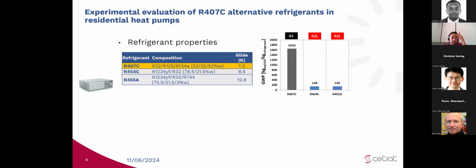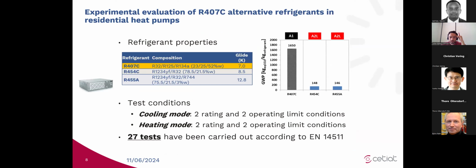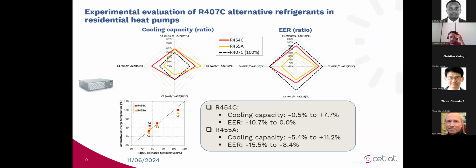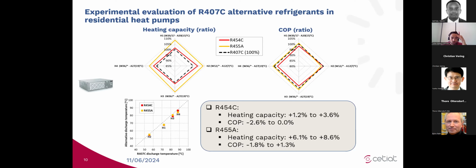Then for another kind of heat pump, this time water to air, the idea was to test a replacement candidate for R407C. Yes, I think the result that we all know today is that most of the refrigerants are flammable now. So this is a new issue we'll have to deal with. The same kind of tests were made.